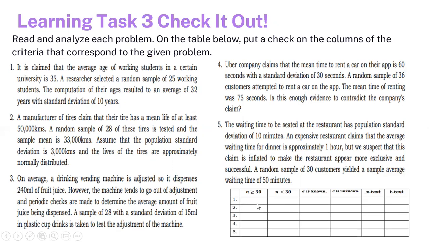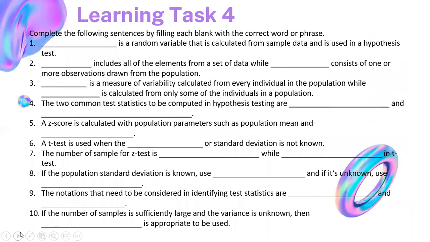If your n is greater than or equal to 30, then you may check this one. If the population standard deviation is given, check this one. And if that is the case, then you have to use the z-test. With this table, you will just put a check on it based on what is given in the problem. And the last task is learning task 4.